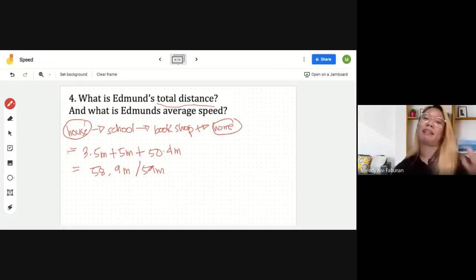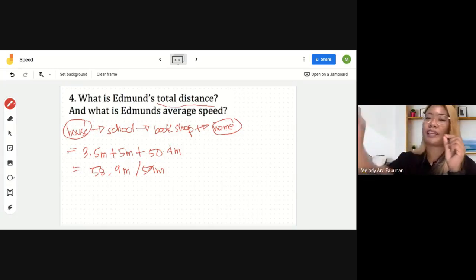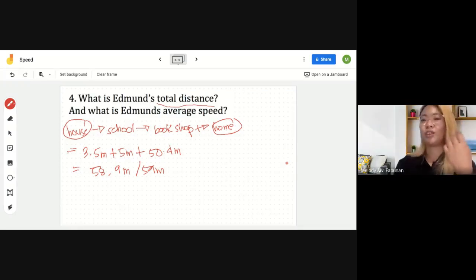So, dahil yung kanyang initial location is just the same as his final destination, it means na walang difference. So, zero yung displacement, yung gano'n lang kalayo yung destination from the initial location. Umuwi siya. So, the displacement is 0.